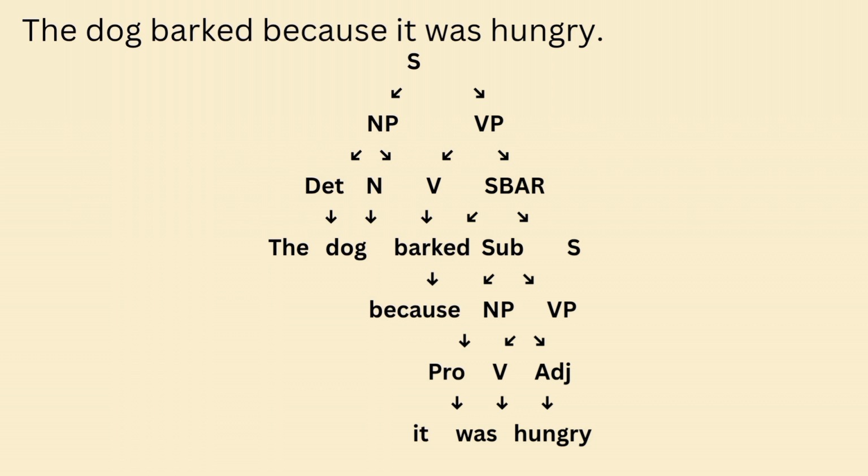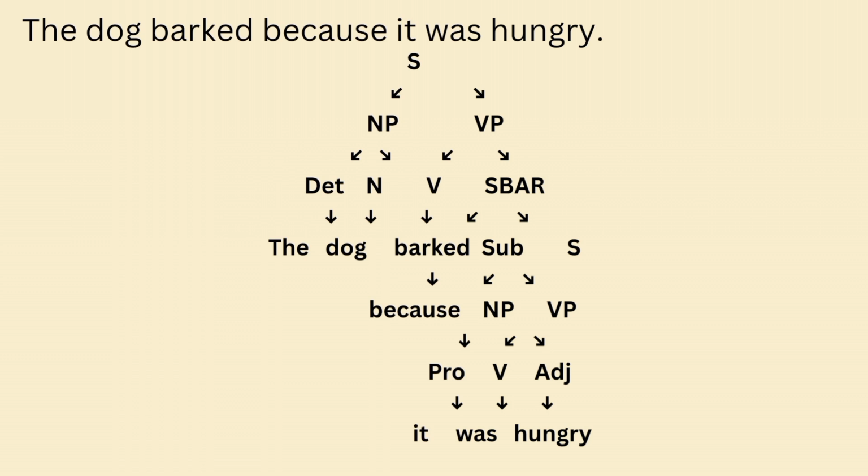So in the tree diagram, the independent clause is drawn first: the noun phrase "the dog" and the verb phrase "barked." That is the first clause, or the independent clause. Then, under the VP, or the verb phrase, we attach the subordinate clause, which begins with "because."